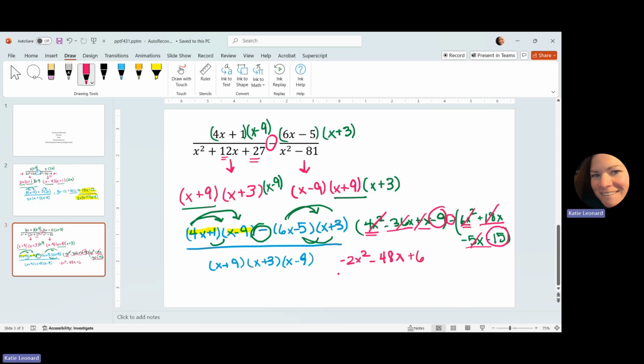You're not going to be asked to multiply 3 binomials, so we are able to leave our denominator in its factored form. But that would be the simplified answer for the problem at the top of the page. Negative 2x squared minus 48x plus 6 all over x plus 9 times x plus 3 times x minus 9.